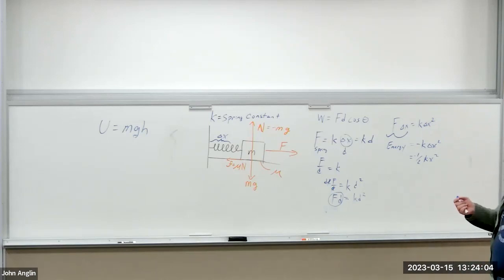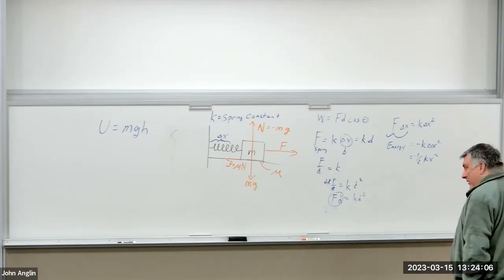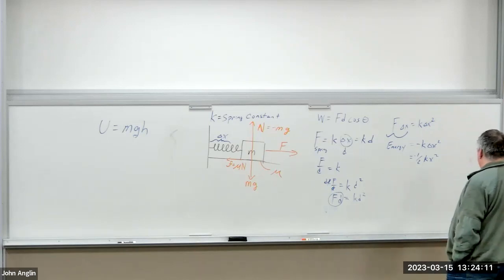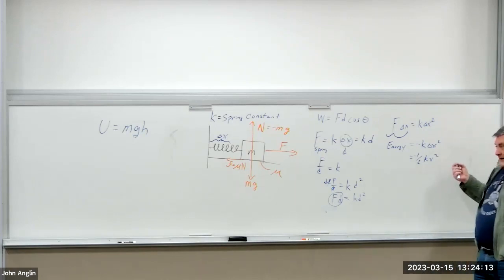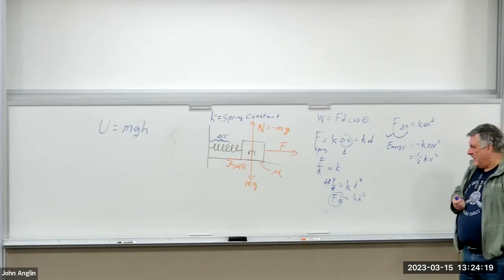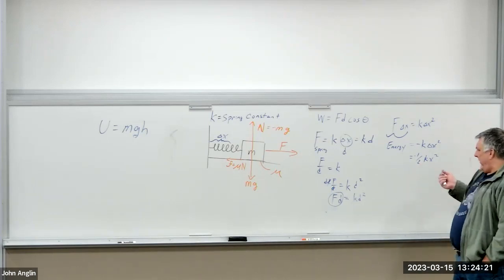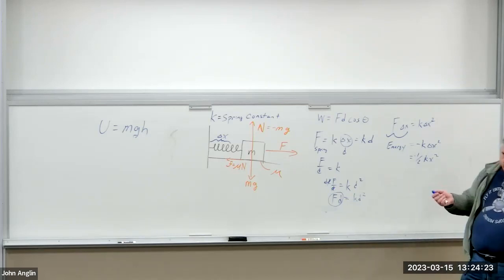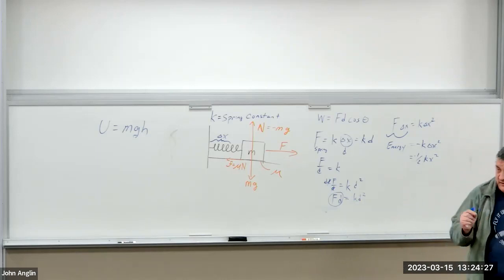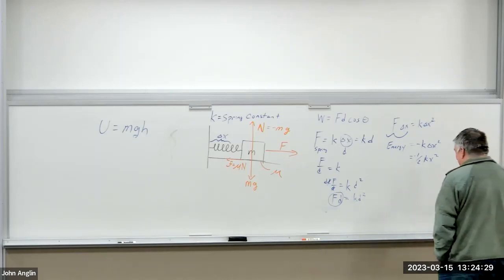We need an equivalent in the spring. So the equivalent of the thing that is being moved in the spring, the mass equivalent, is the spring constant, k. The equivalent of the velocity is the distance here.